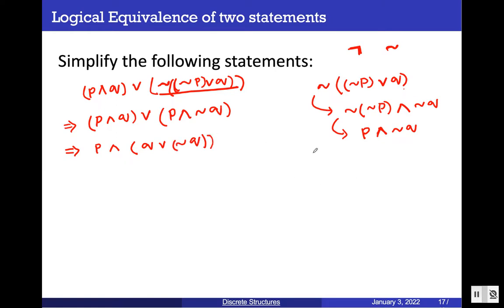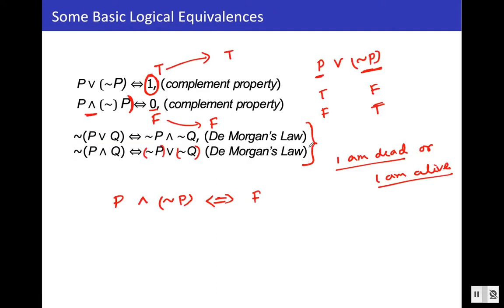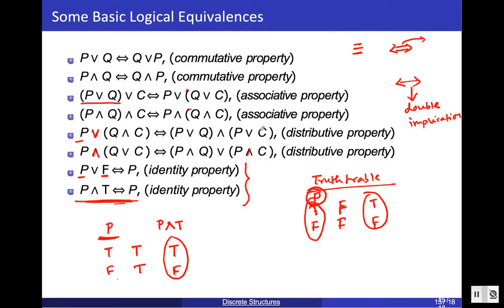Let me explain. The distributive property looks like this: P or (Q and R), we can distribute this operator to both, so (P or Q) and (P or R).